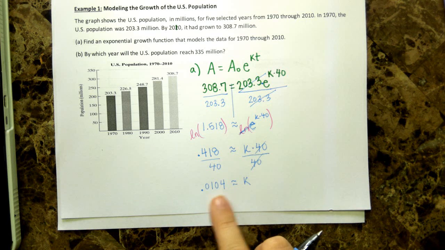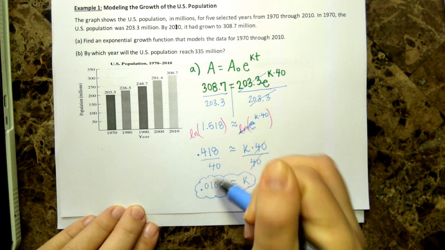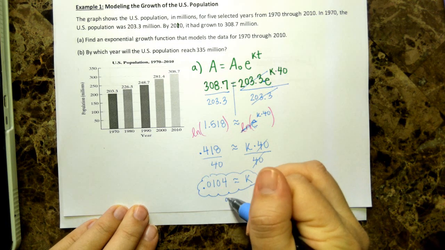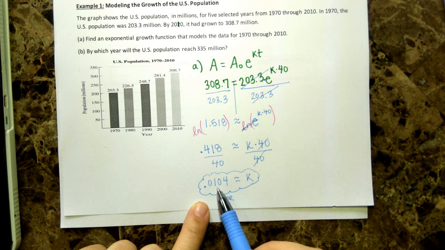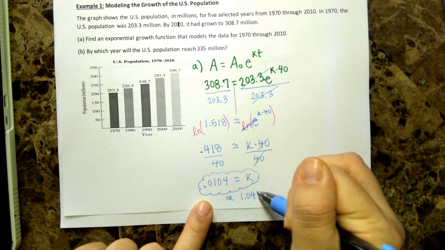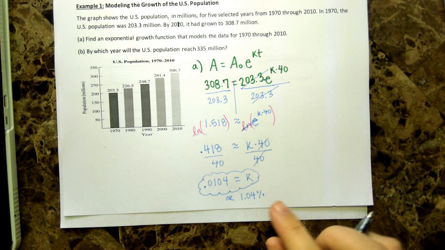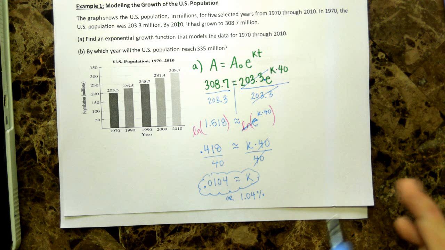Now, you can leave it as this, and that is totally fine. If you wanted to write this as a percentage, remember, take the decimal, move it 2 spots to the right to make it a percentage, and this would be 1.04%. It might ask for a percentage, or it might ask for it as a regular number, either way, but those are both ways.